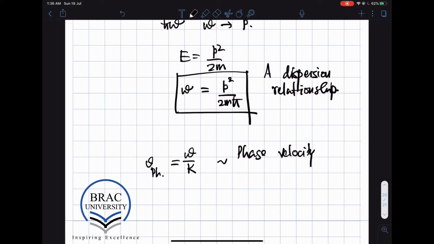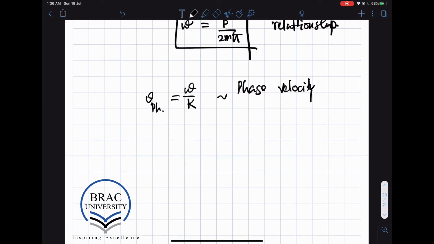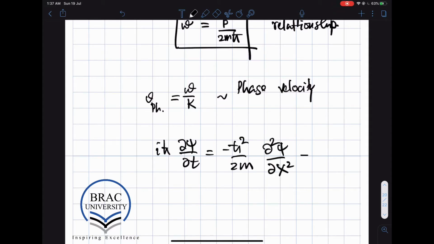And in general, the phase velocity has basically no physical importance. And let me tell you why. Okay, it'll come in stages. So let's consider instead the Schrodinger equation where there's some potential. So we have i h bar d psi by dt is minus h bar squared by 2m, then we have the kinetic terms, and then we have the potential term, right?